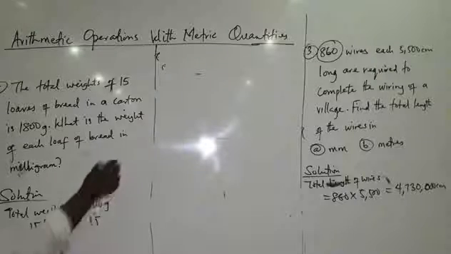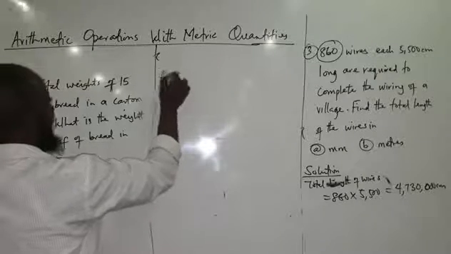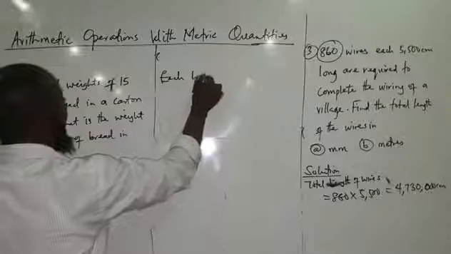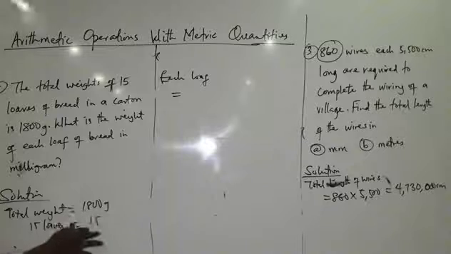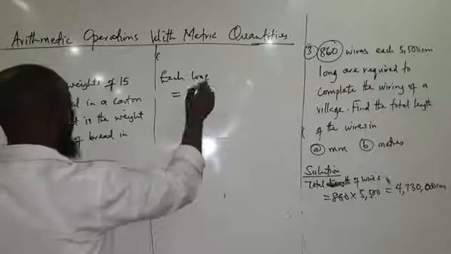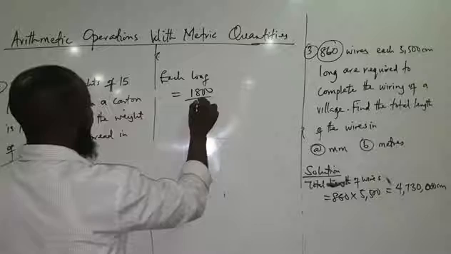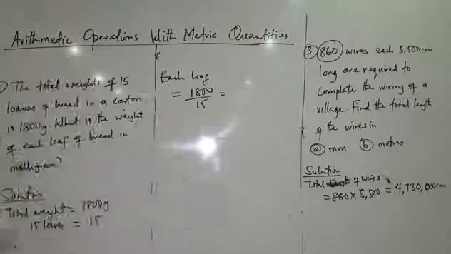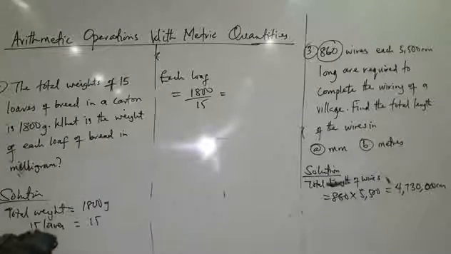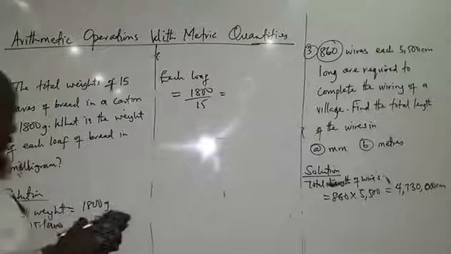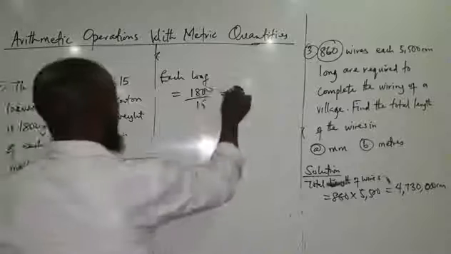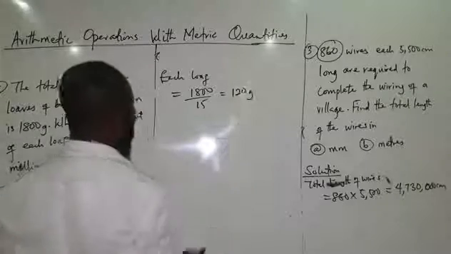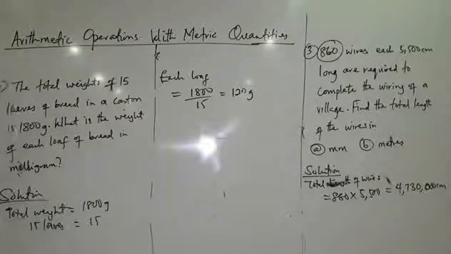Each loaf will be what? We are going to divide this among 15 loaves. So 1,800 divided by 15 gives the weight of each loaf. That gives 120 what? Grams. That means each loaf of bread is 120 grams.